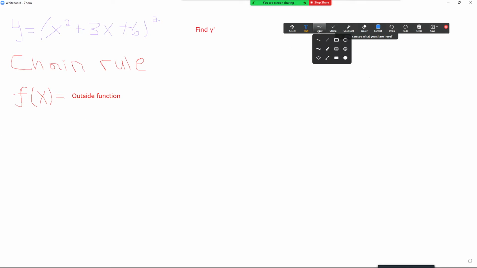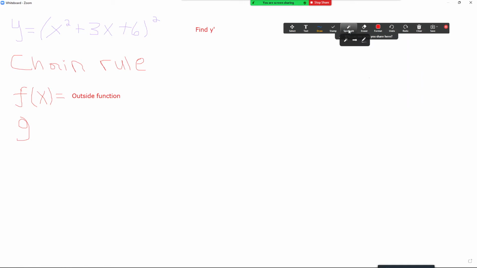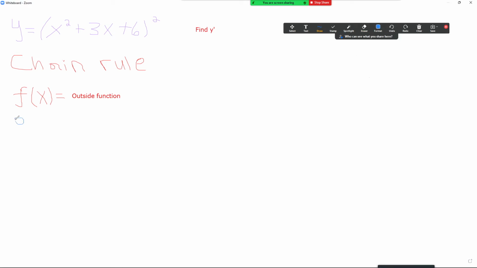And then we'll let g of x represent the inside function.